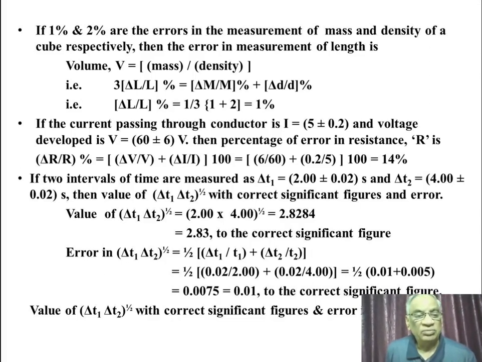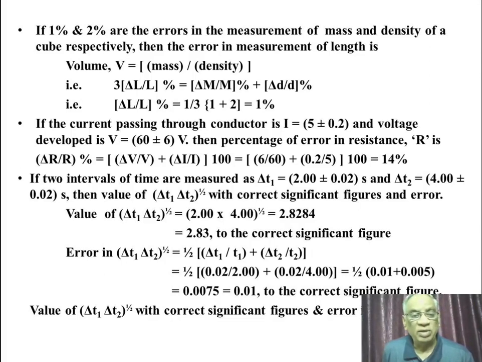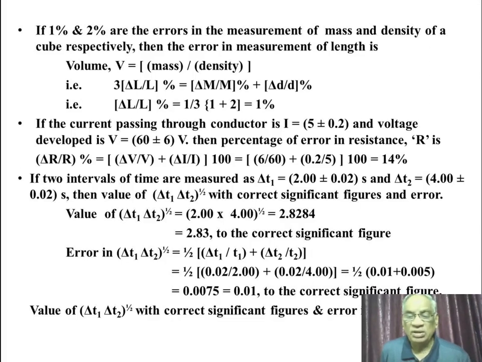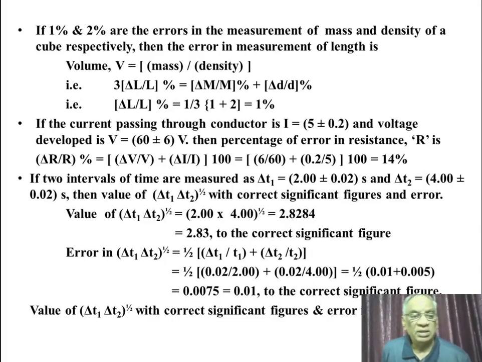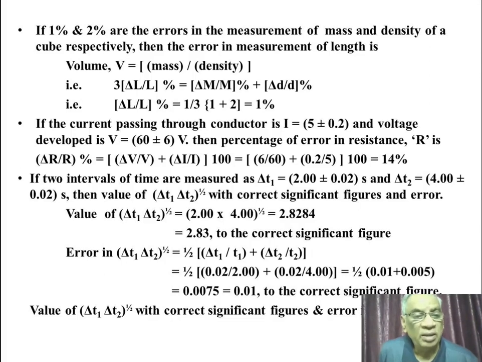Next, current. We know V is equal to IR, so current is measured as 5 plus or minus 0.2. Current value is 5 amperes, plus or minus 0.2 is the error in that. Similarly, voltage is measured as 60 volts, plus or minus 6 volts is the error in the voltage measurement. So the resistance R is equal to V by I. So delta R by R percentage is equal to delta V by V plus delta I by I into 100.